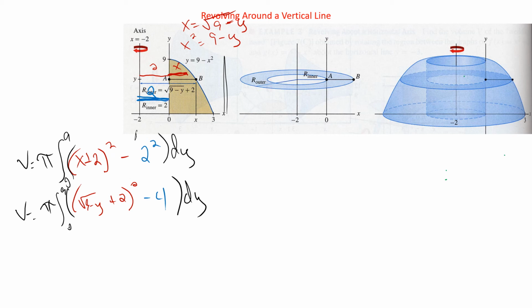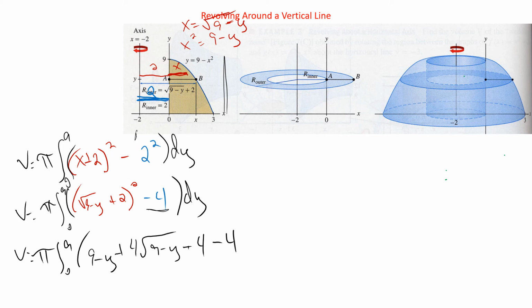So when we multiply this out, we're going to have the square root times the square root will just be the inside, 9 minus y, plus 2 times the square root plus 2 times the square root will be 4 times the square root of 9 minus y, plus 4 minus 4, because that guy, notice this plus 4 minus 4, that happens a lot with this type of problem. dy.